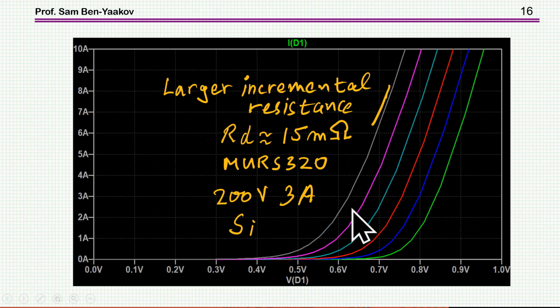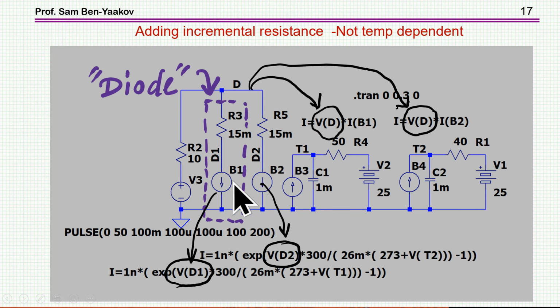What we see in particular is that the slope here is indicating a dynamic incremental resistance, which is about 15 milliohm. So therefore, I can actually add to the model 15 milliohm. This is now the diode.